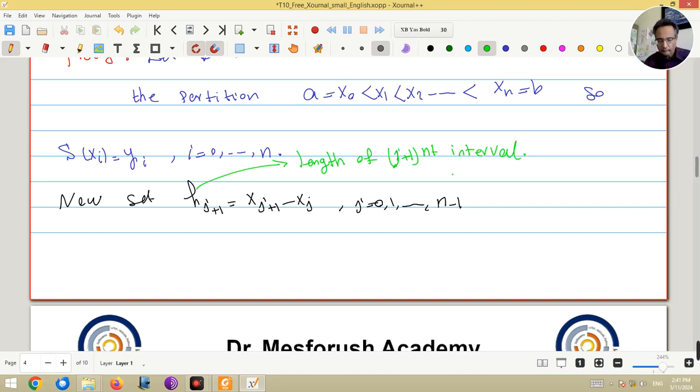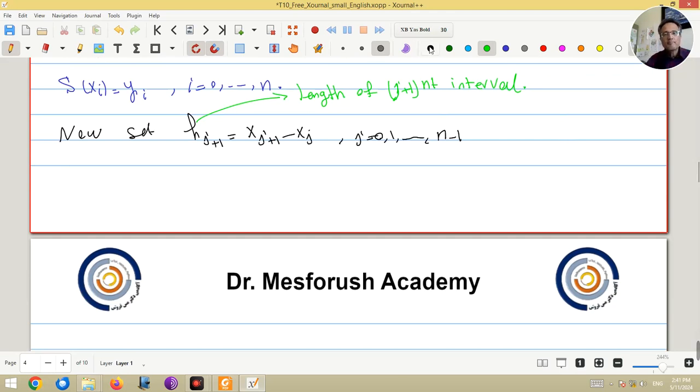And let mj be equal to S double prime at xj for j equal to 0, 1, 2, to n.